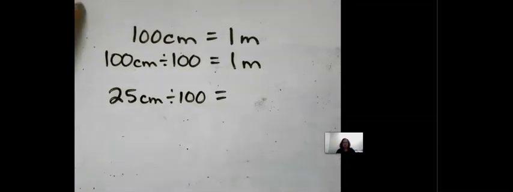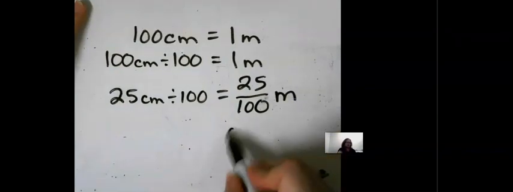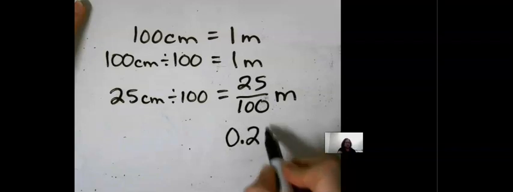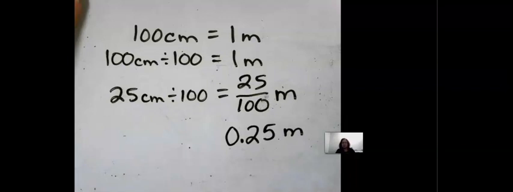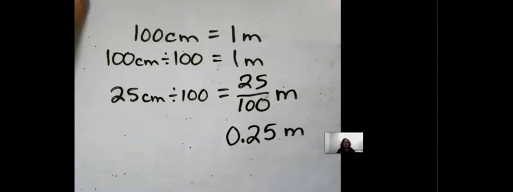So 25 centimeters divided by 100 is going to give us 25 hundredths meters. You can also write 25 hundredths like this. So Barbara is incorrect because she said it equals 25 hundredths decimeters. She should have said meters. Great job, everyone.